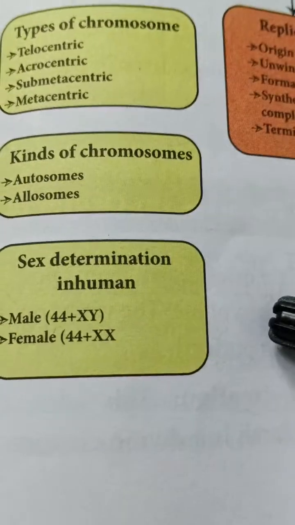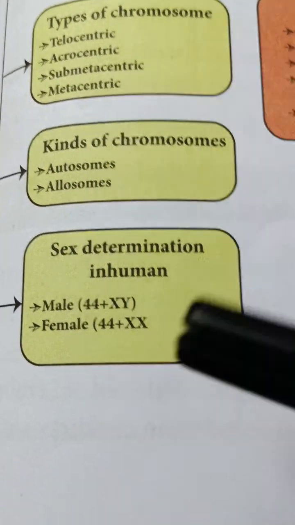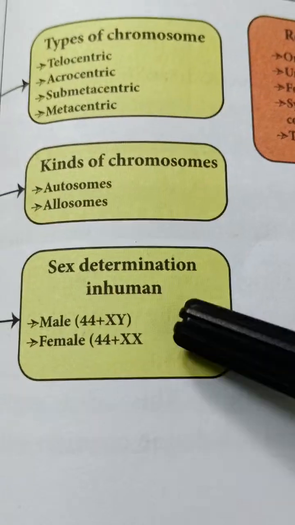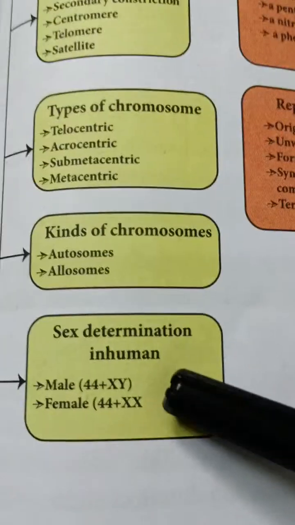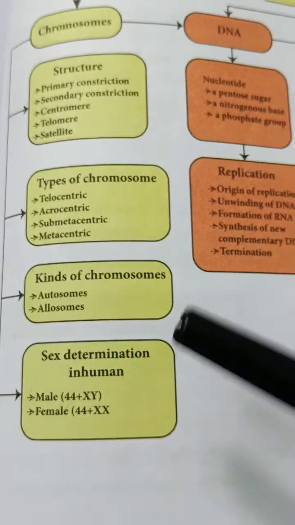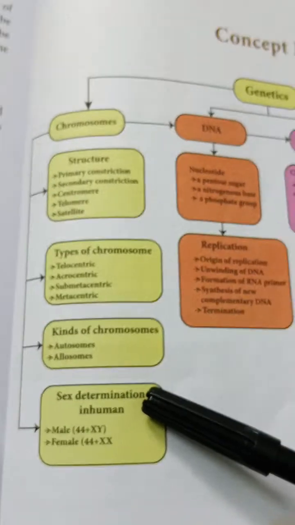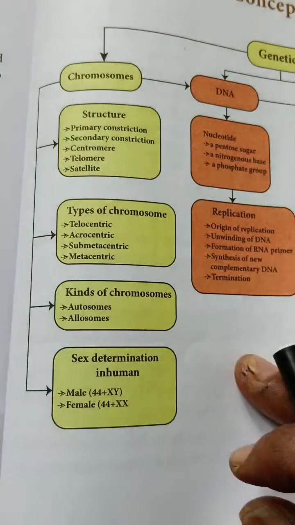It's a probability; we cannot predict whether it will be male or female. For sex determination I have also posted a video link. I will share everything, so go through all the videos and you will understand better, and then you can answer the questions.